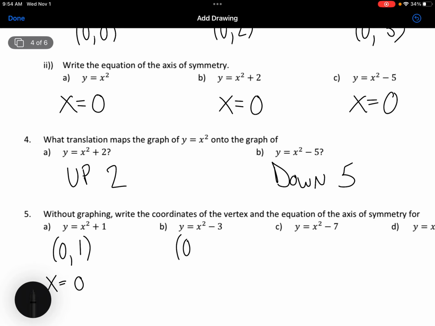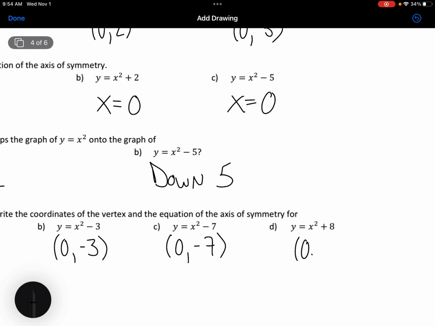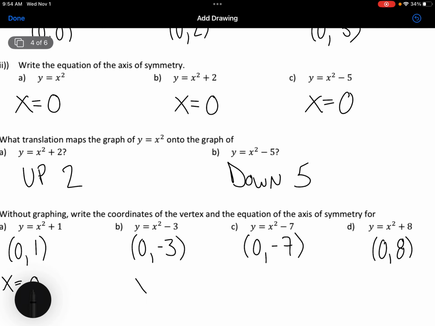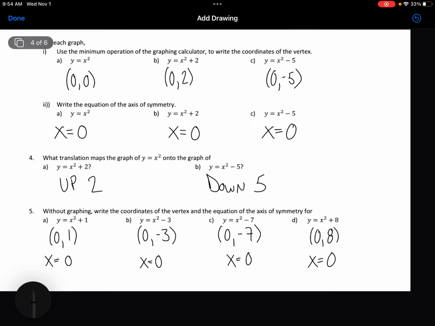This one would be 0 because we haven't moved left or right, but we've moved down 3, so negative 3. This would be 0 and then down 7. And this would be 0 and up 8. All we're doing with that last value is moving the graph up and down.